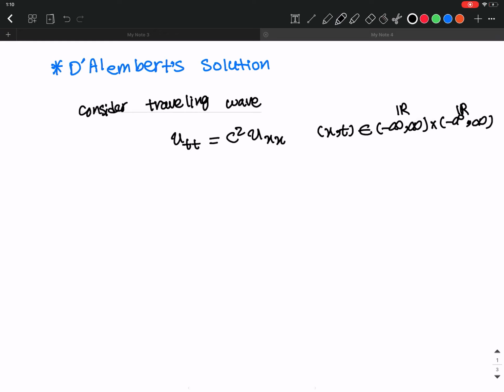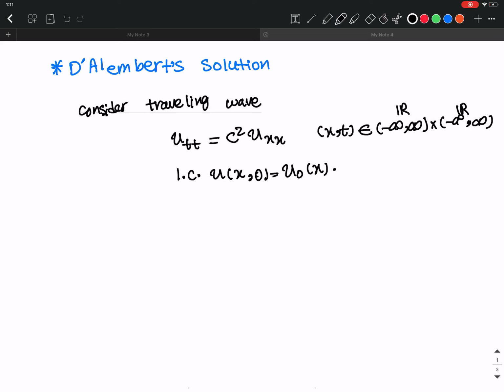Okay. With the initial condition of u(x, 0) is u0(x), and because this is a second order PDE, we need another initial condition for the first derivative.